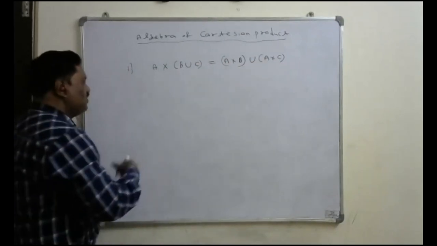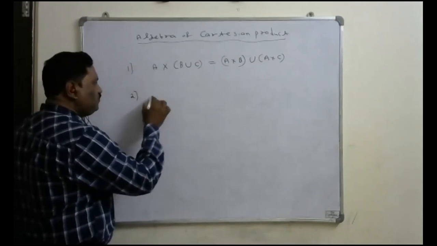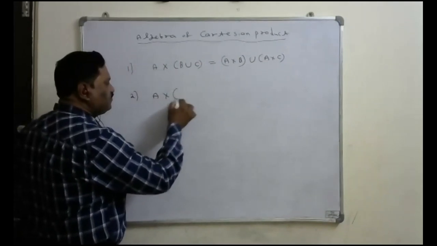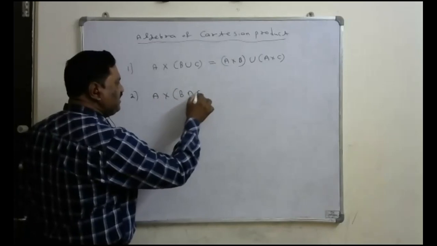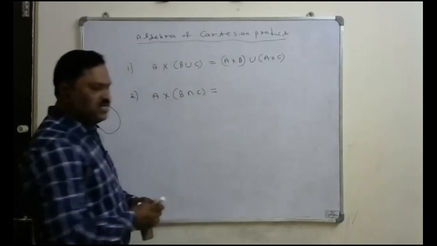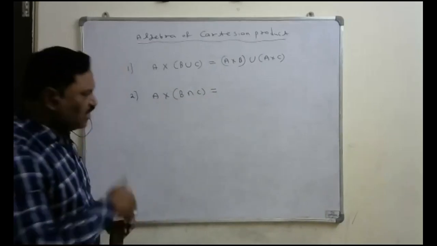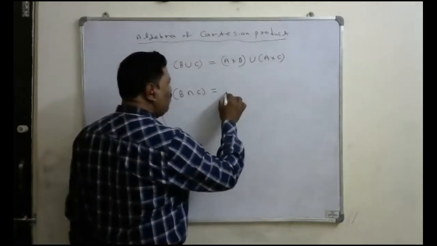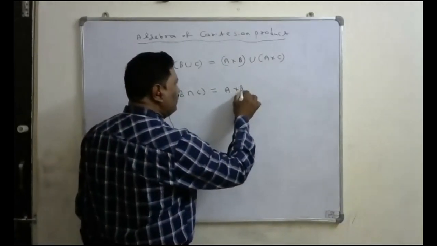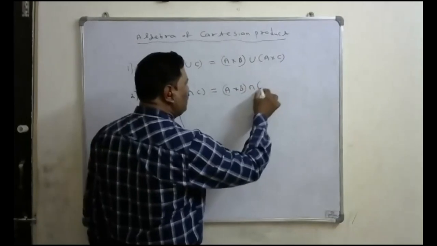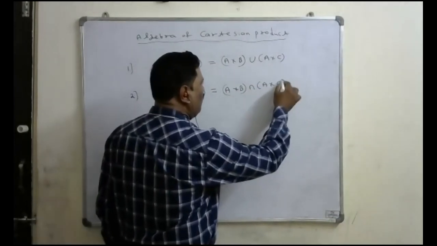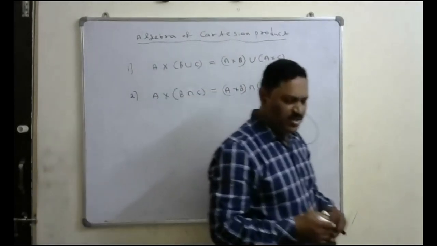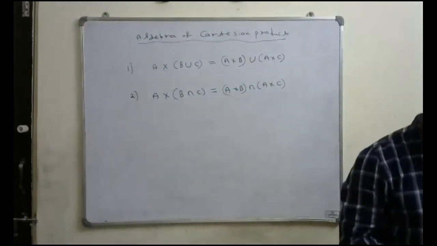Similarly, the second one: A cross B intersection C is equivalent to A cross B intersection A cross C.